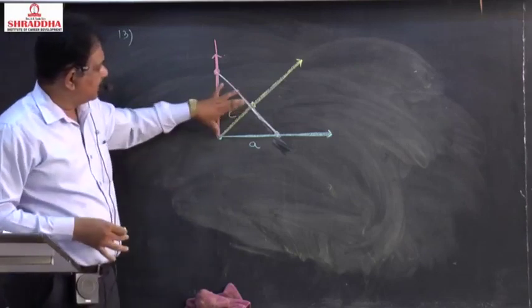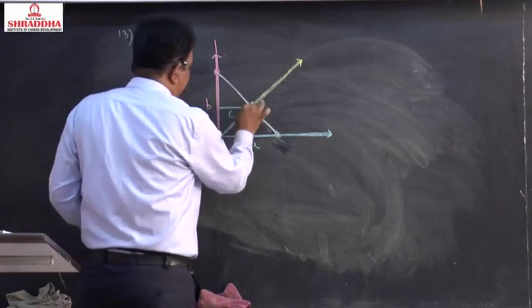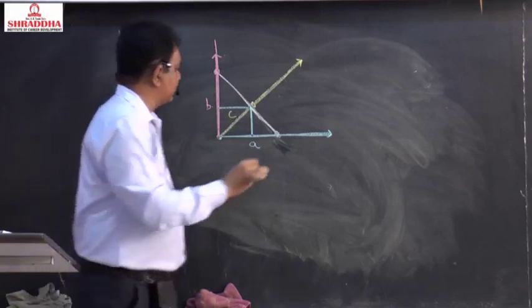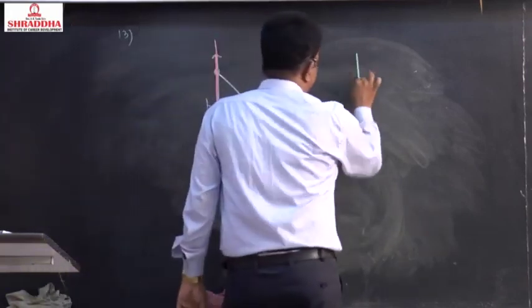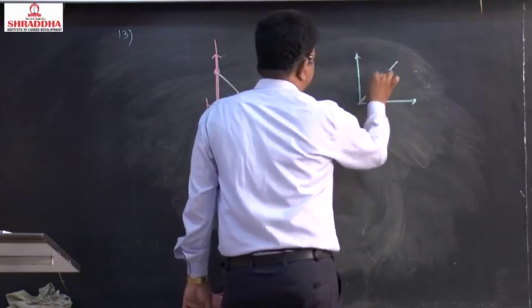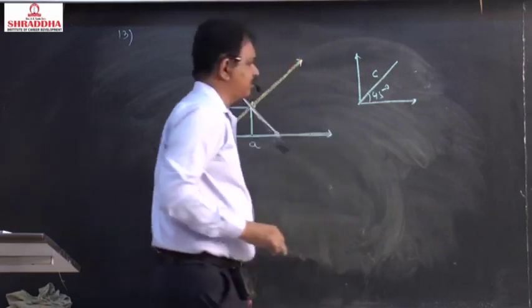This is C. So what is this distance value? This angle will be 45 degrees.